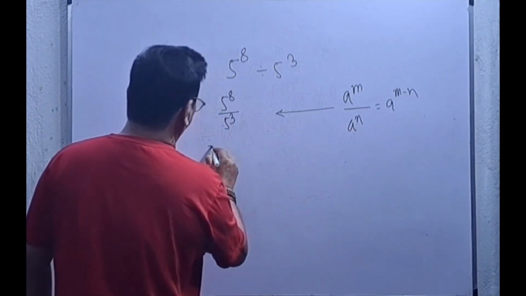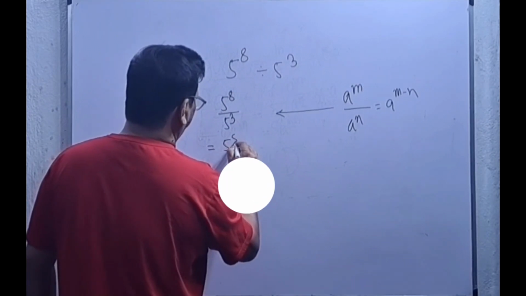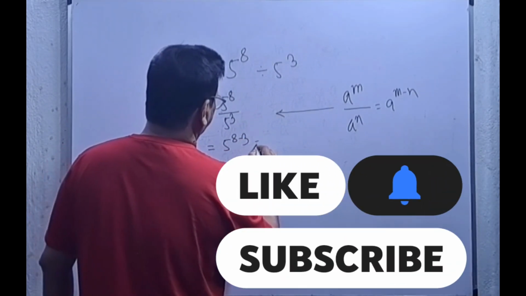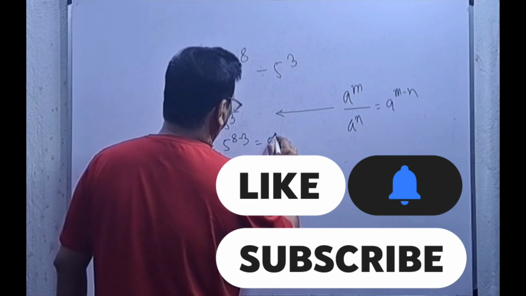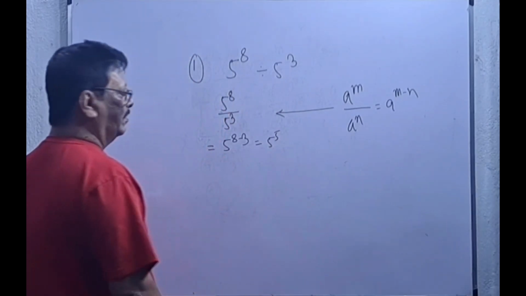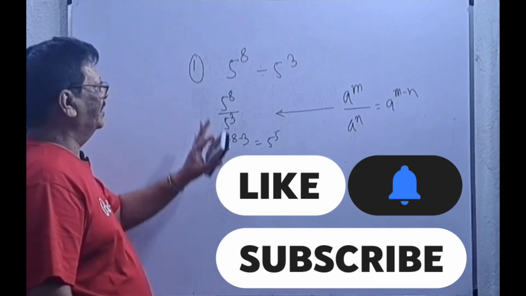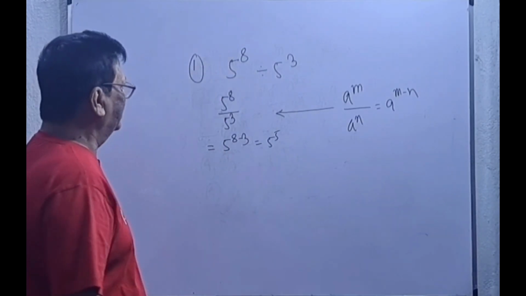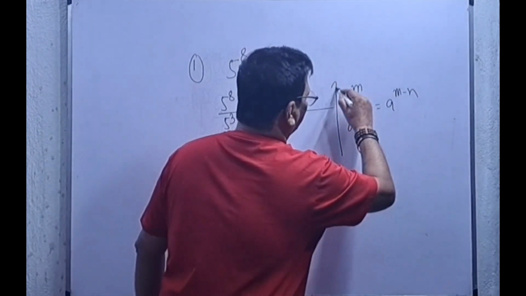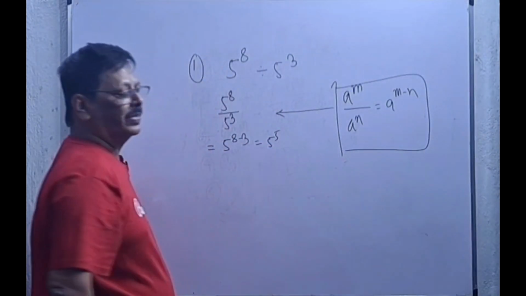Here, what we get? 5 to the power of 8 minus 3, which is equal to 5 to the power of 5. Right? So this is a direct example of how the rule is applied.